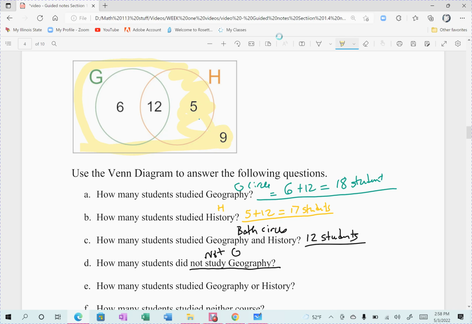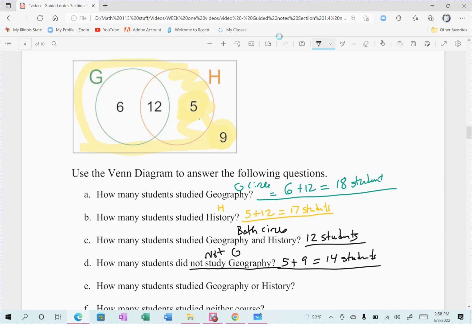There is the part that's in the history circle, the 5 that's in the history circle. And then don't forget this 9 out here that is not in either circle. And so the answer to that is 5 plus 9. And so there were 14 students who said they weren't going to study geography. 14 students total, 5 of them studied history and 9 didn't study either subject.